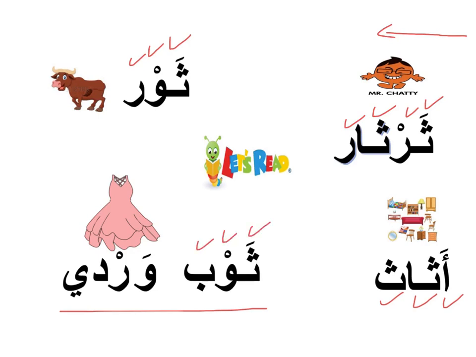Now here we have a sentence. ثوب وردي. A pink dress. وردي, it means pink. Now stop the video and read again the words over and over.